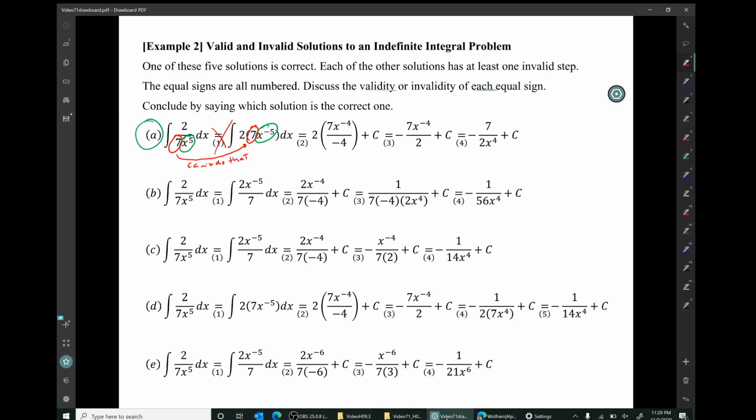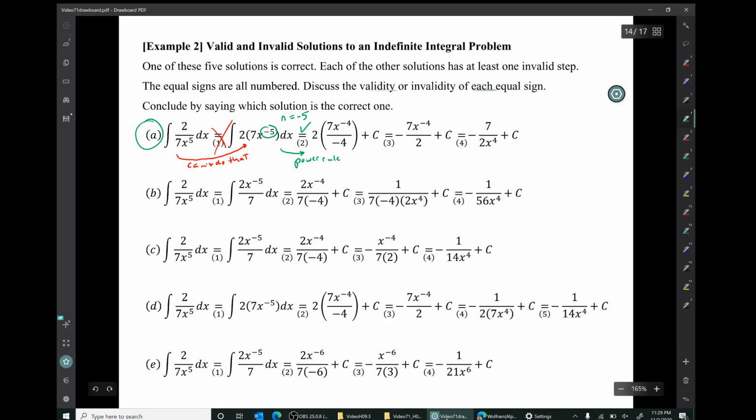What about the second equal sign? In this next step, the power rule is used. So instead of the integral involving x to the minus 5, we would end up with x to the minus 5 plus 1, which would be x to the minus 4, divided by minus 5 plus 1, which would be minus 4. So this equal sign is okay. What about the next equal sign?